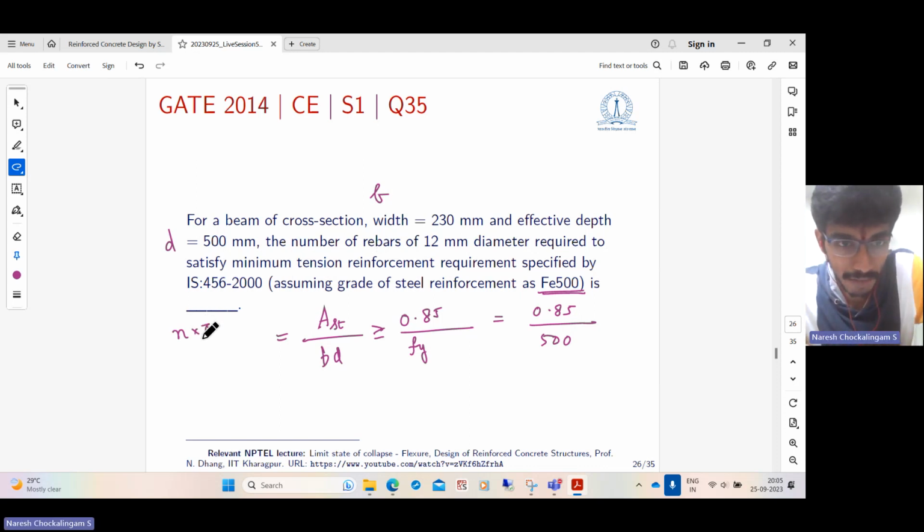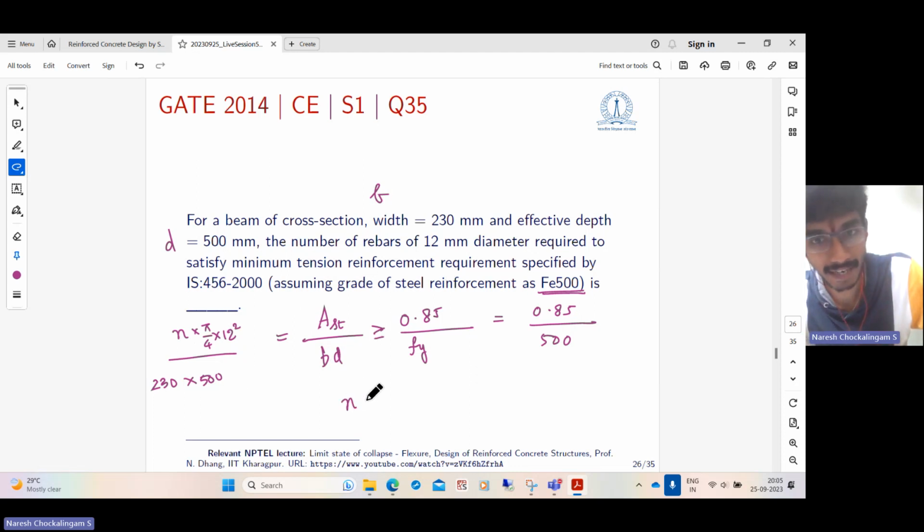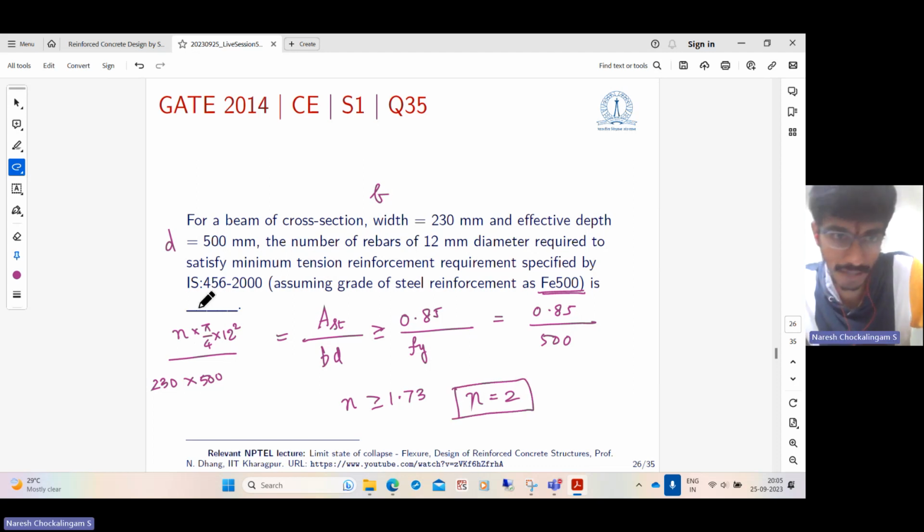So into pi by 4 times, the area of one bar is pi by 4 times 12 square, b is 230 mm, and d is 500. Just one equation. Take everything to the right hand side. You get n is greater than or equal to 1.73. You can't provide 1.73 bars, so provide 2 bars. So the answer to this question is 2.